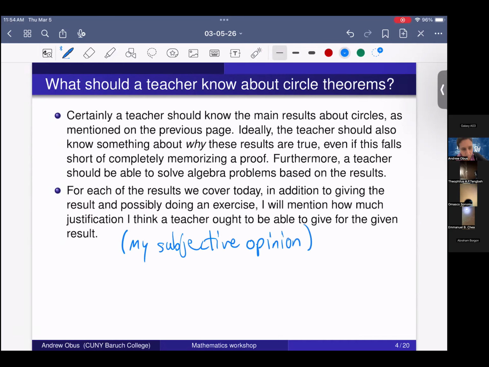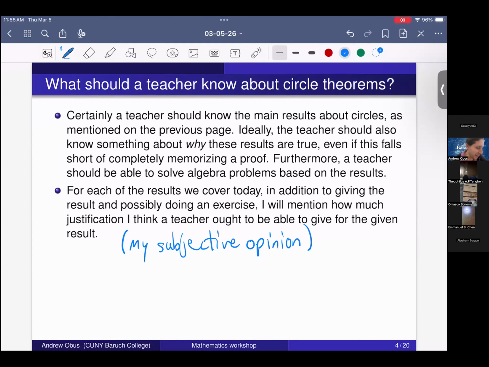You may disagree with me, and my expectations may be unrealistic, or maybe they're too low. Who knows? But for each of these circle results, this is what I think: if you're going to teach it, and you want to really know what's going on, if you have this level of knowledge, you will be well prepared to answer questions from the students that you get.